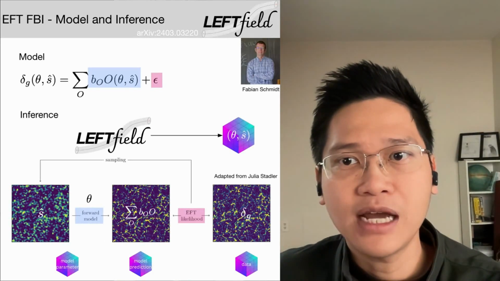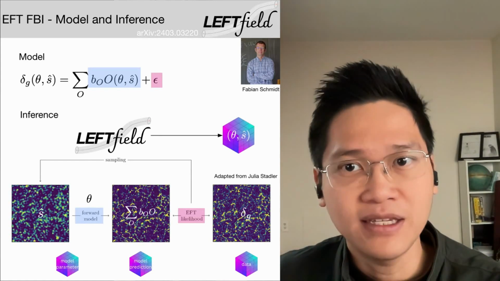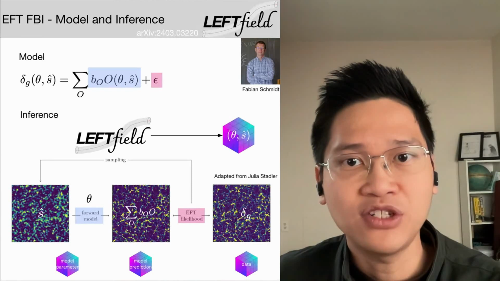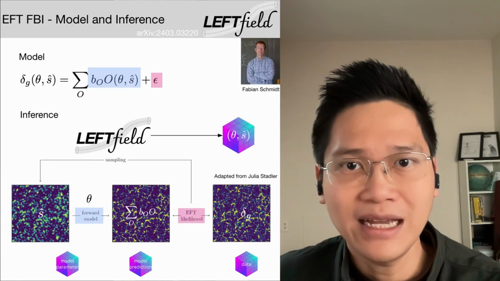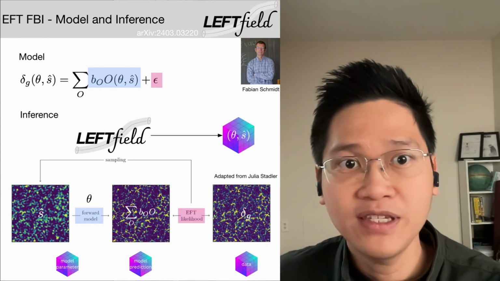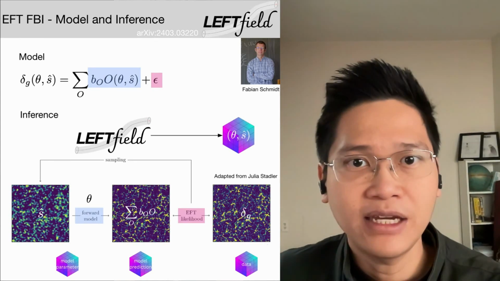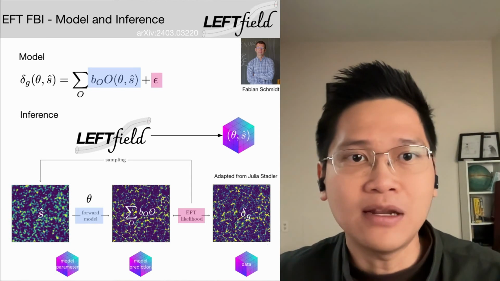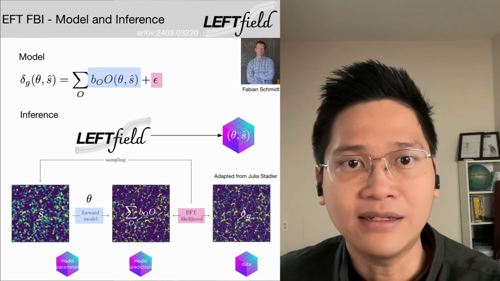Model prediction for the galaxy field can be constructed either in Lagrangian or Eulerian space through the EFT bias expansion, connecting the matter and galaxy fields on linear and quasi-linear scales. The small-scale physics are either suppressed or marginalized over, in which case they contribute to the stochastic field epsilon. This stochastic contribution is captured by the EFT likelihood.